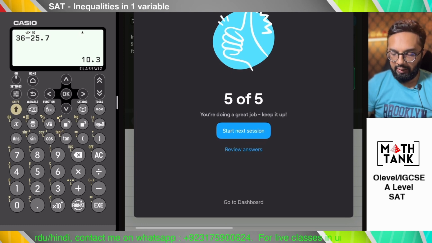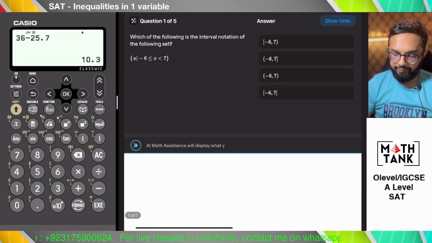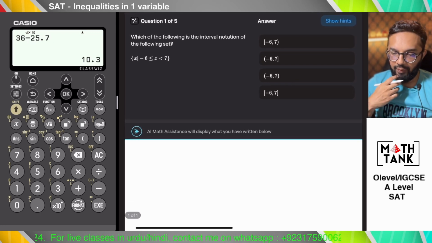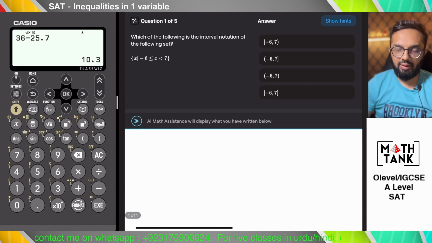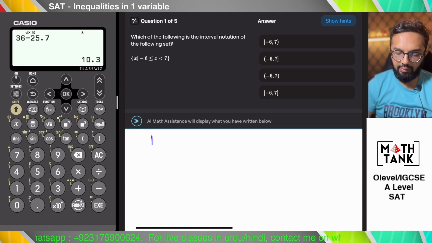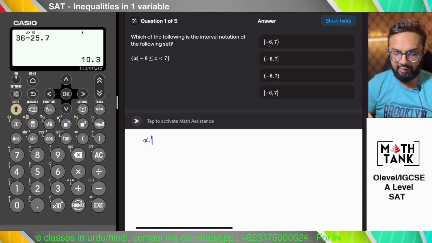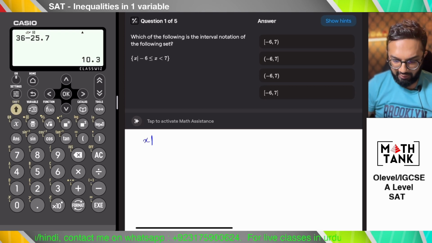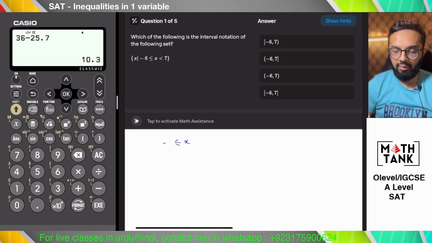Okay, let's start the next session of 5 questions. Which of the following is the interval notation of the following sets? Now, whenever you are describing sets, this vertical line acts like a colon. So this is saying x is given that x is between minus 6 and 7, with inequality signs.